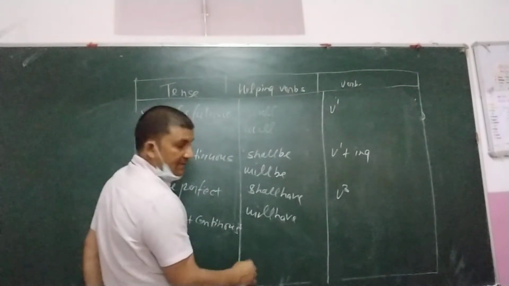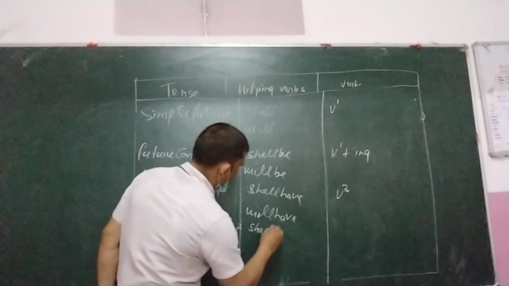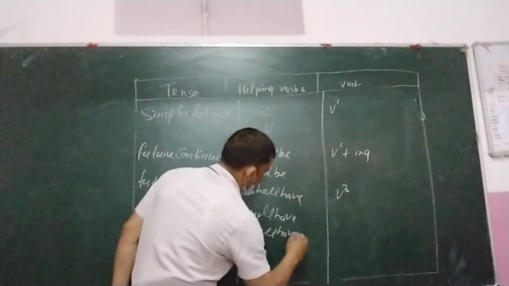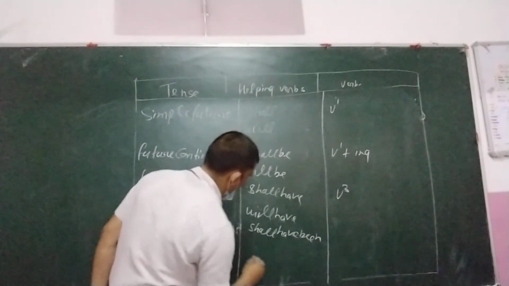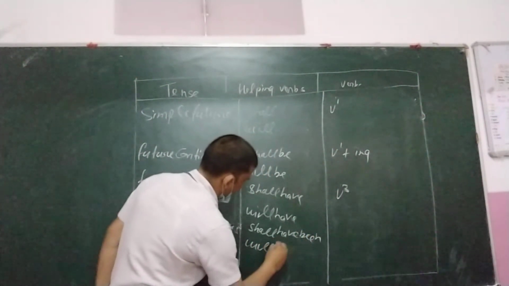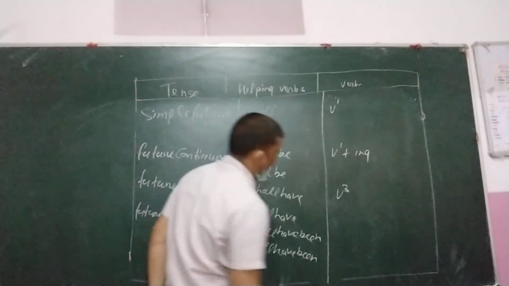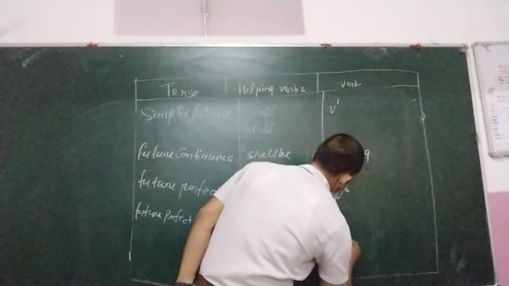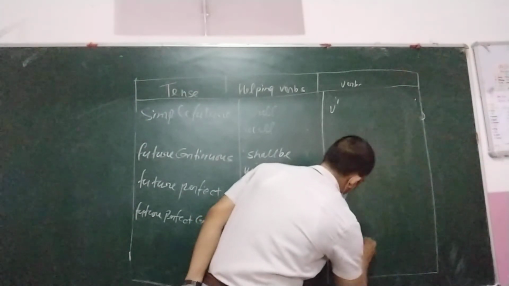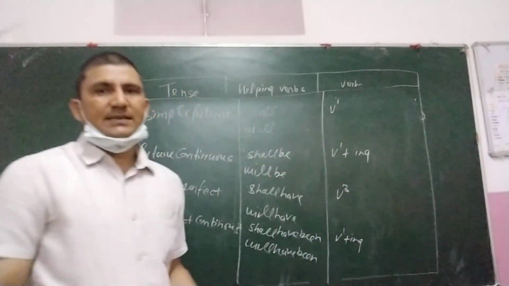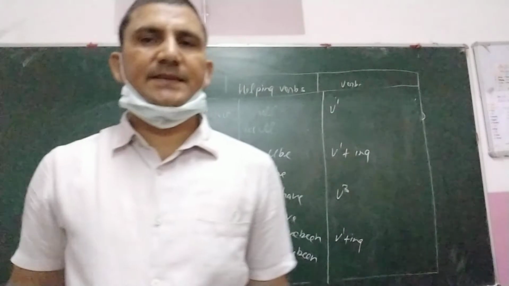Okay. Shall have been, will have been. Okay guys, this is the structure of tenses.